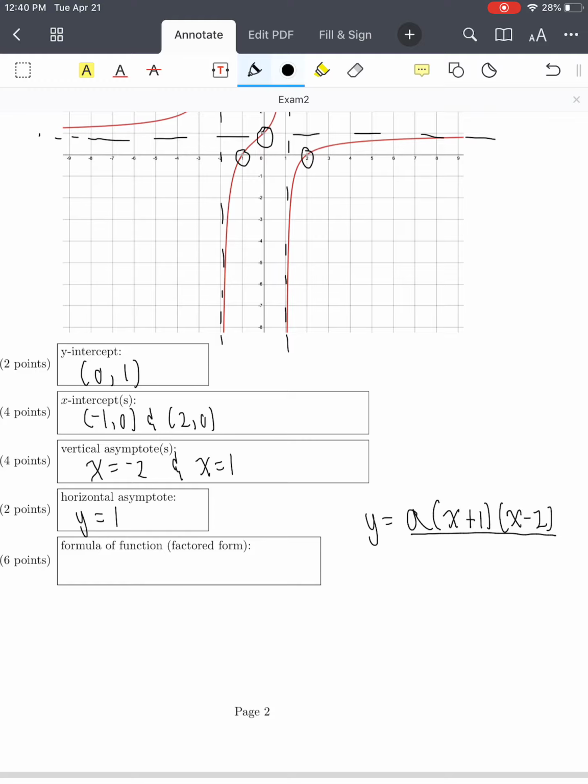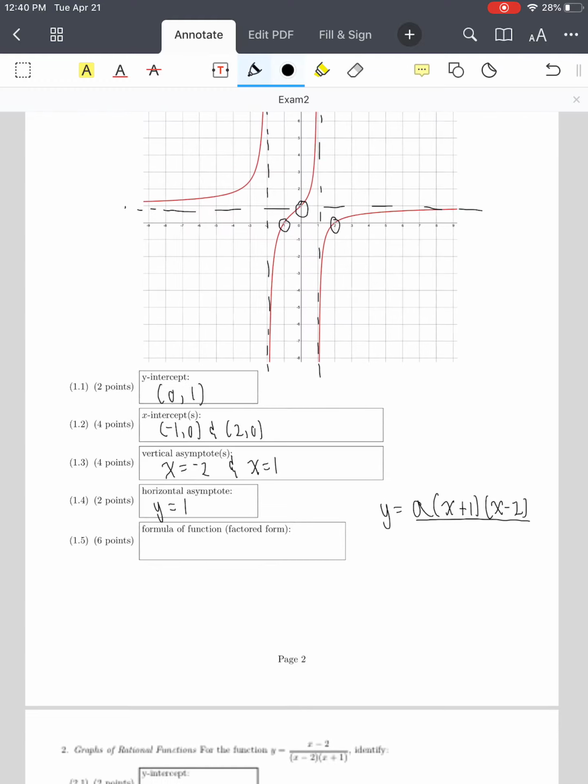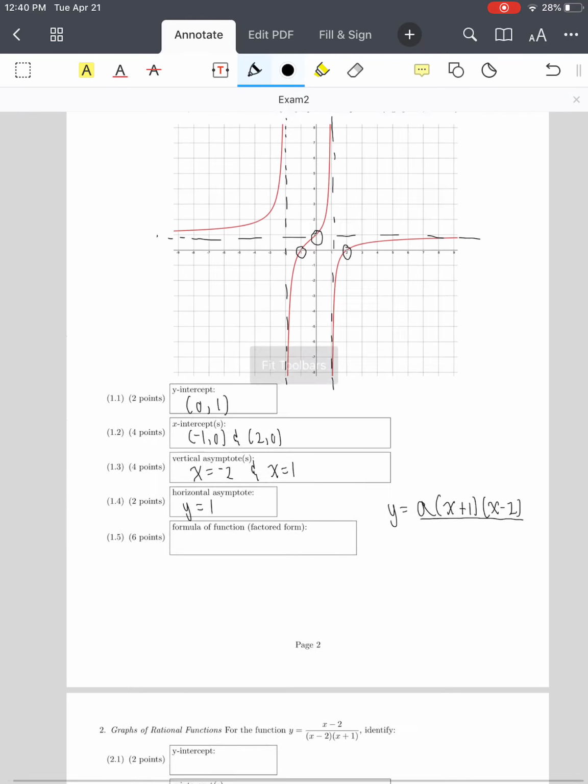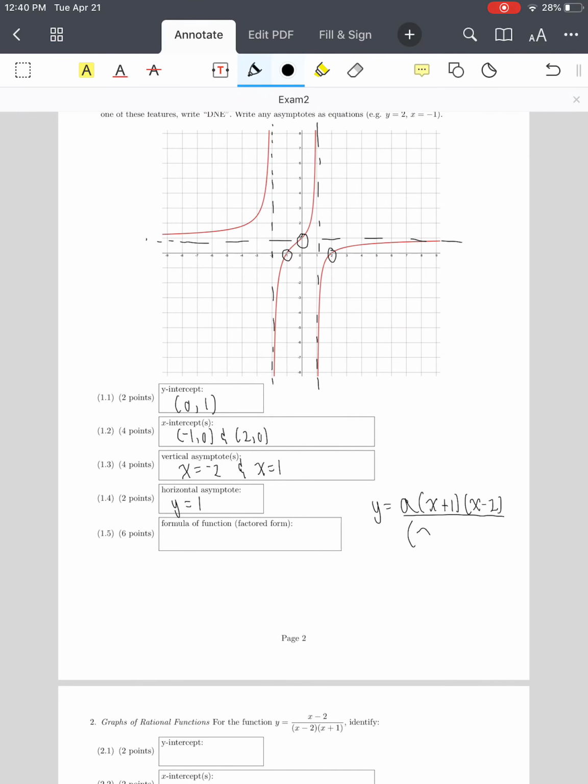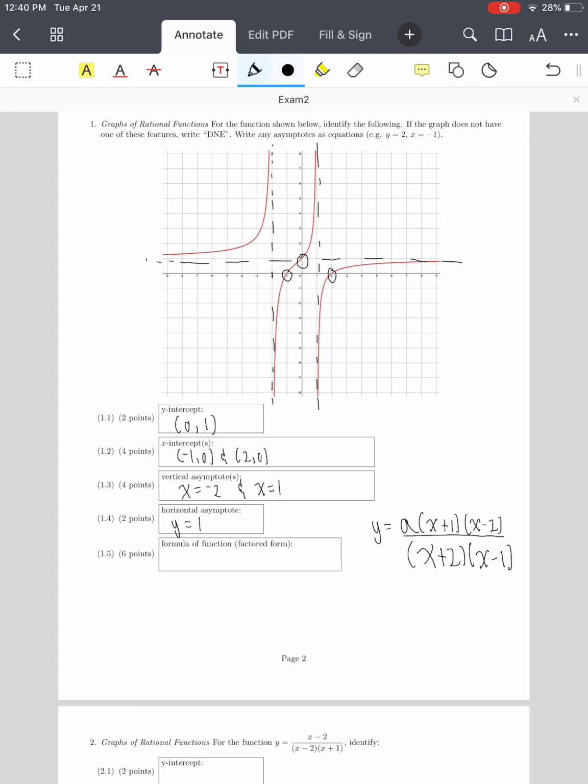And the vertical asymptotes are x plus 2 and x minus 1. Those are from the vertical asymptotes. So we want to make sure that the y-intercept is (0, 1) and that the horizontal asymptote is y equals 1.